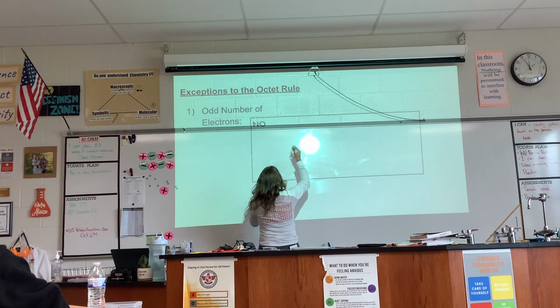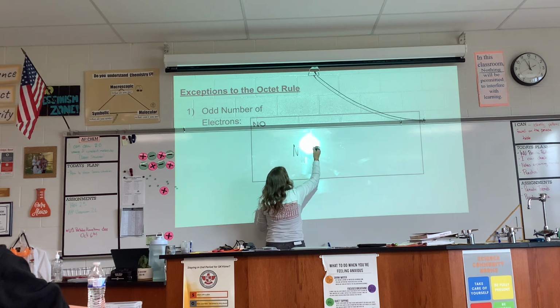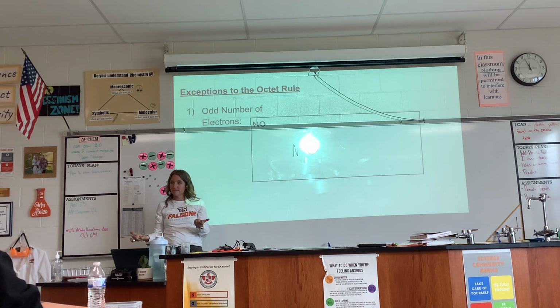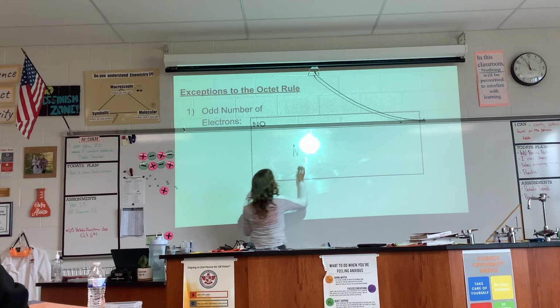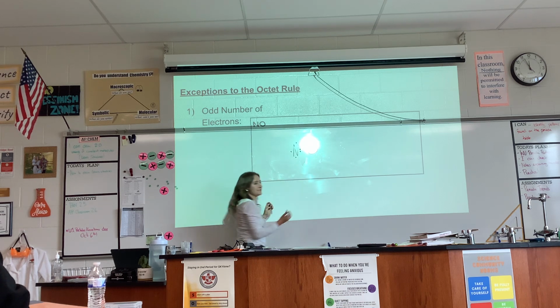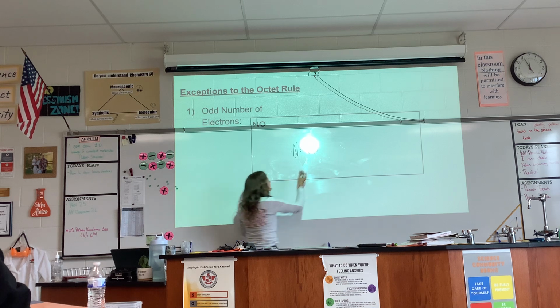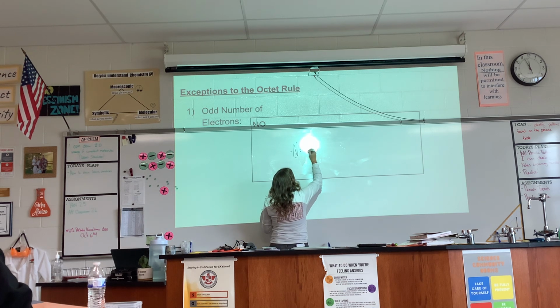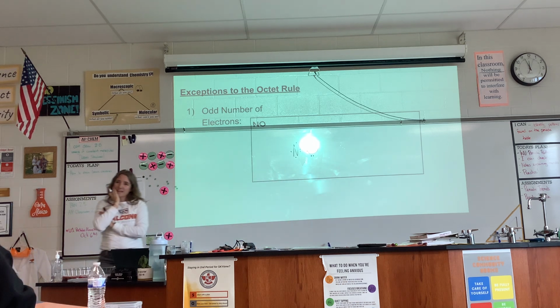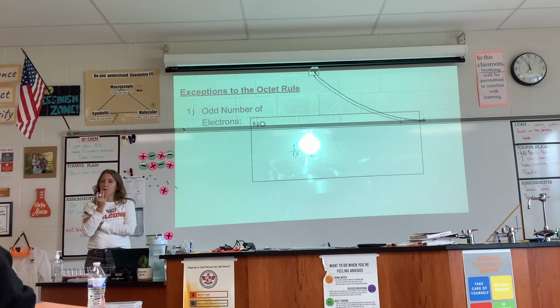So if I'm doing NO, nitrogen oxide, and I'm just following the rules as we learned them, how many electrons does nitrogen come with? 5. How many does oxygen come with? 6. Now technically there's only 2 atoms, but which one is considered the center and which one's the outside?